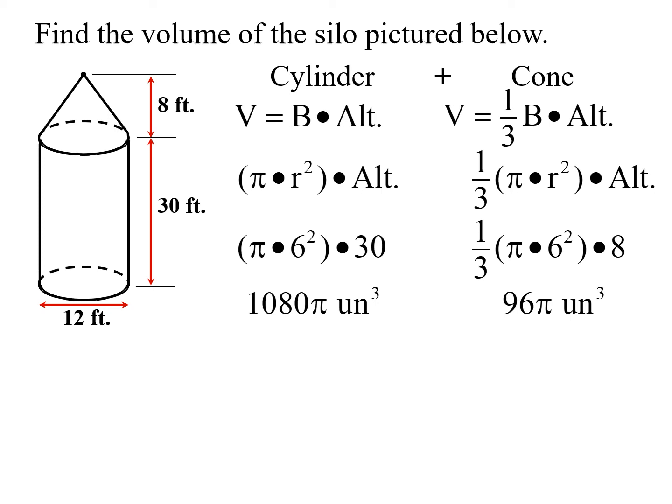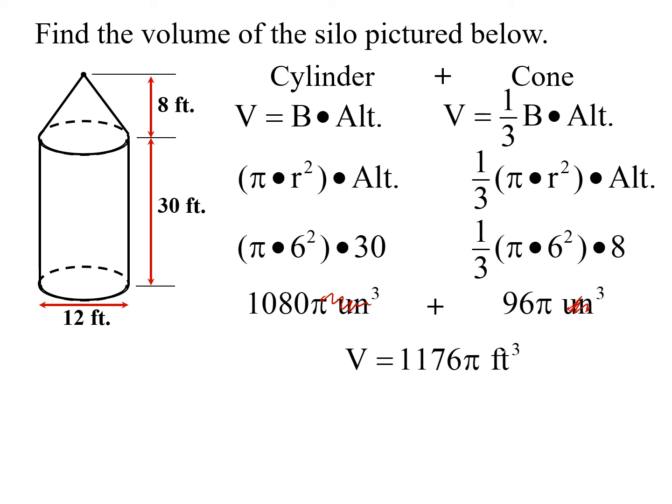And just like last week, I told you, if you leave it like this, pi serves as like a variable, and now these are basically like terms. So now I can just literally add these together as is to get 1176 pi feet squared. Somehow it went from units to feet. Don't worry about that.